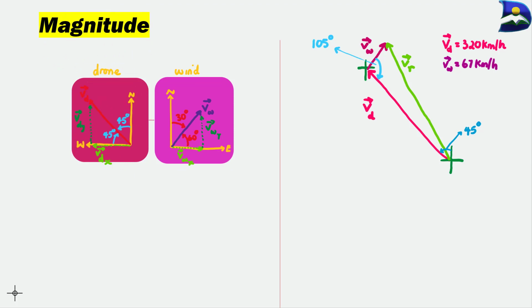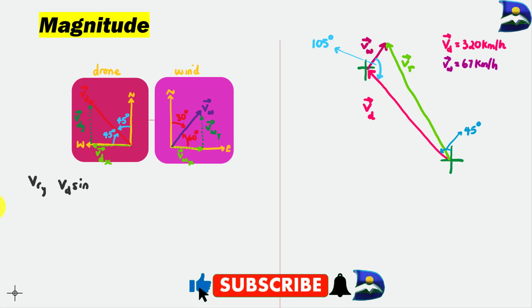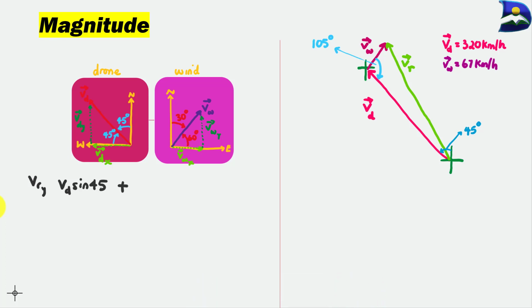And what we're going to do is focusing first on the resultant y component. We see that the drone has VD to be multiplied by the sine of the angle, which is 45 degrees, and we're going to add to that the wind's component on the x, and this is where the wind vector velocity is multiplied by the sine of the angle, which is 60 degrees.